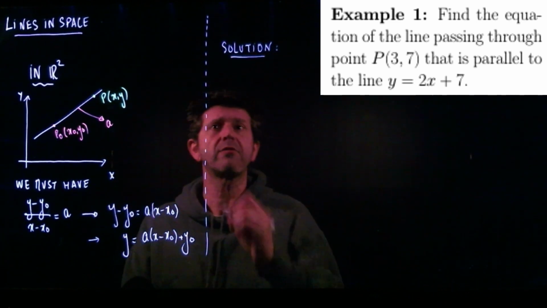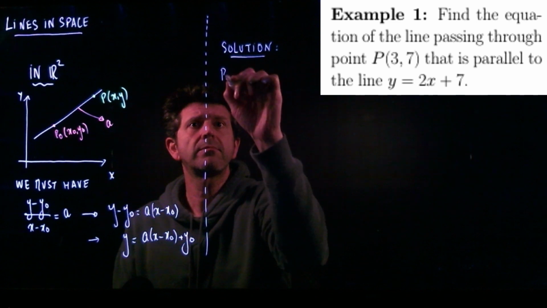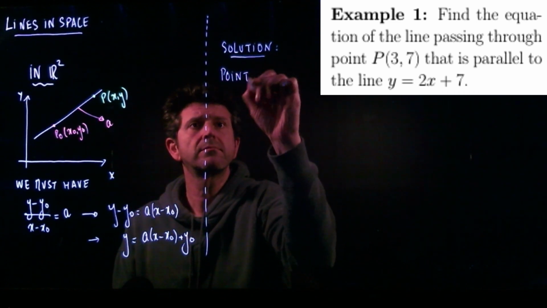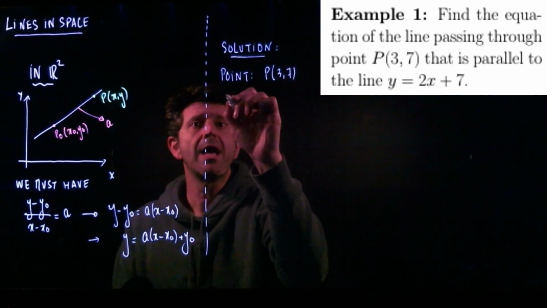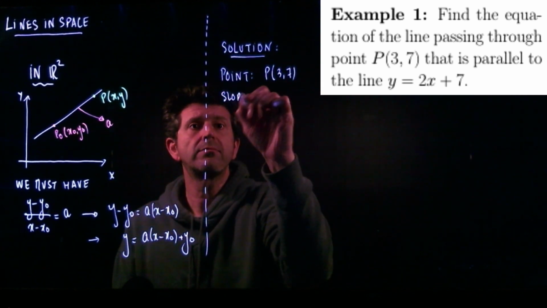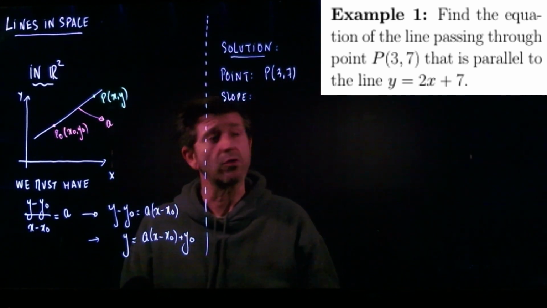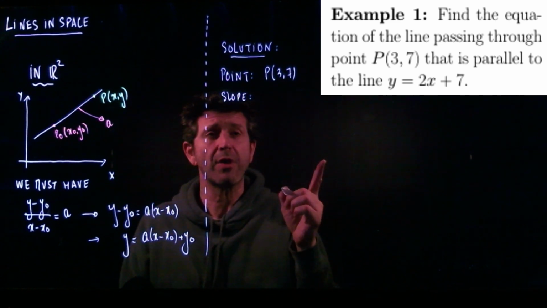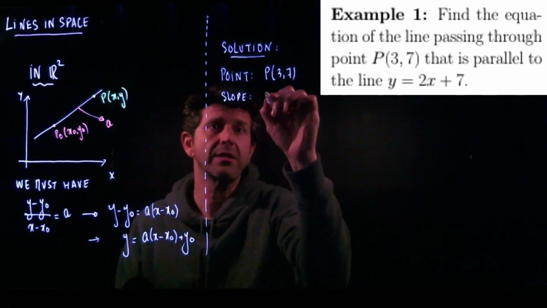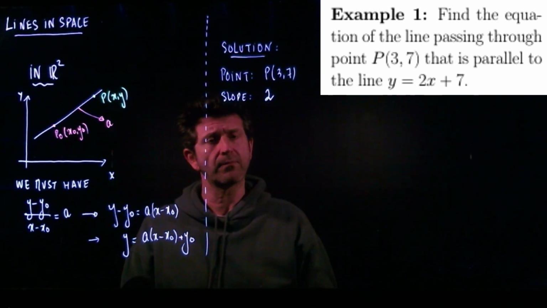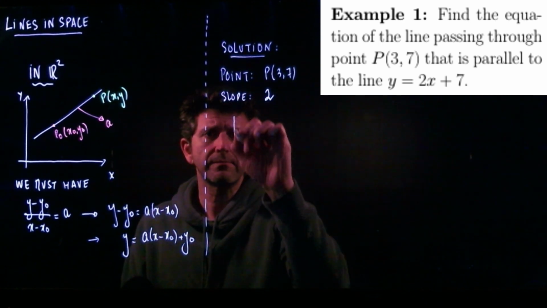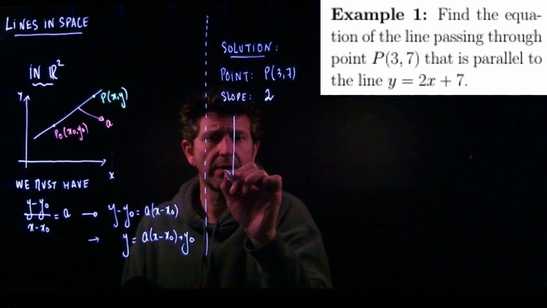We are given a point: my point is P(3, 7). And we are given the slope. So what is my slope? Well, since my line is parallel to y equals 2x plus 7, we need to have the same slope, so the slope is 2.